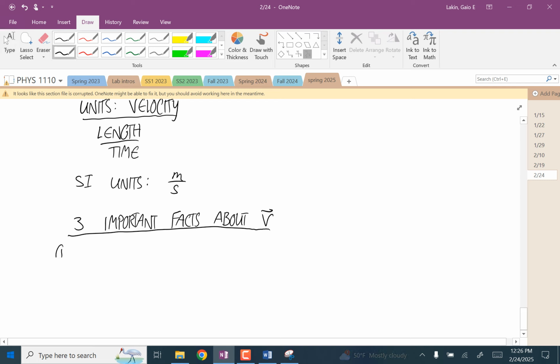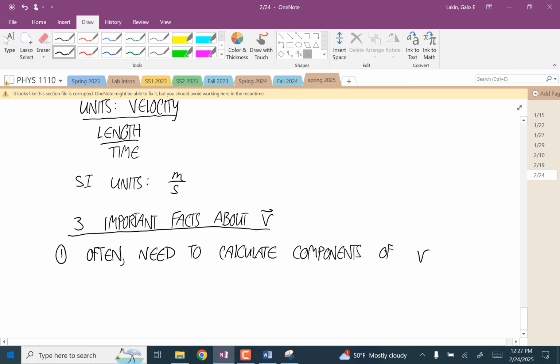So the first one, this is kind of what I just said. Often, maybe more often than not in problems, you'll need to calculate the components of V from a speed and a direction.